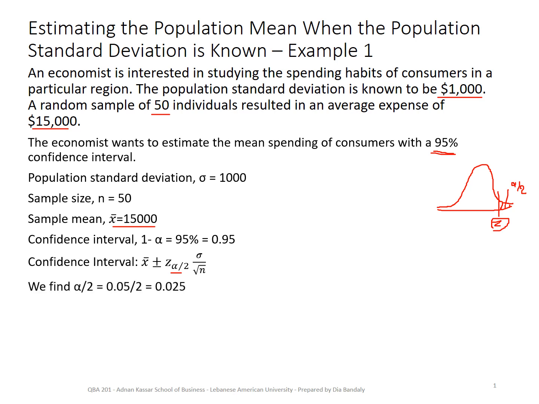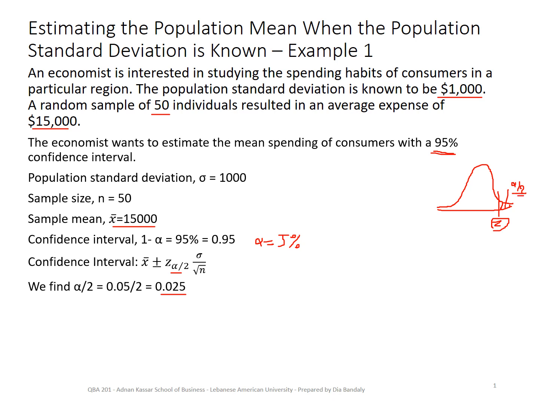So alpha over 2 is obviously 5% divided by 2, right? Because 1 minus alpha is 95, so alpha is 5%, obviously. So that means that alpha over 2 is 2.5%.